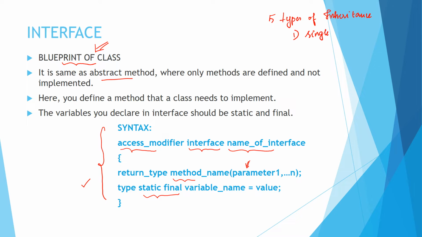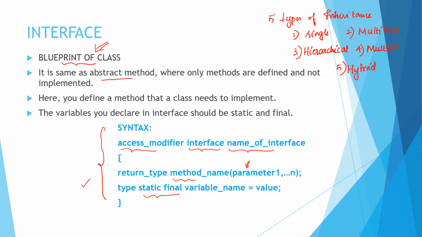The second type is multi-level inheritance. And the third type is hierarchical inheritance. And the fourth type is multiple inheritance. And the fifth type is hybrid inheritance.